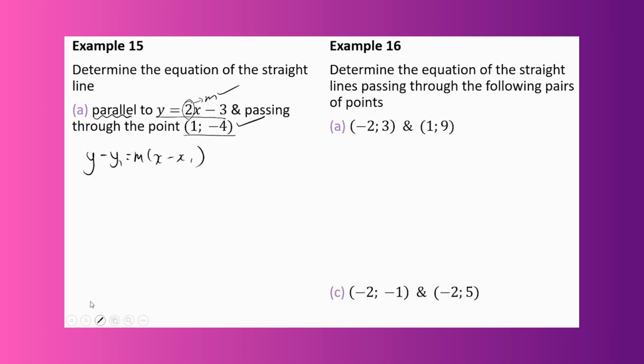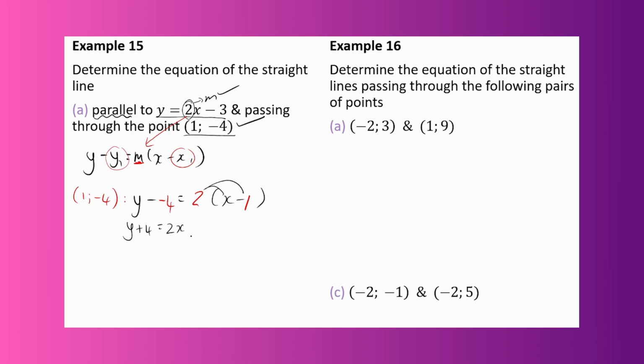And what you can do here is you can substitute your gradient, which is 2, and you can substitute your coordinates. So your coordinate is (1, -4), and your gradient is 2, and then you just multiply out. So this is y plus 4 equal to 2x.